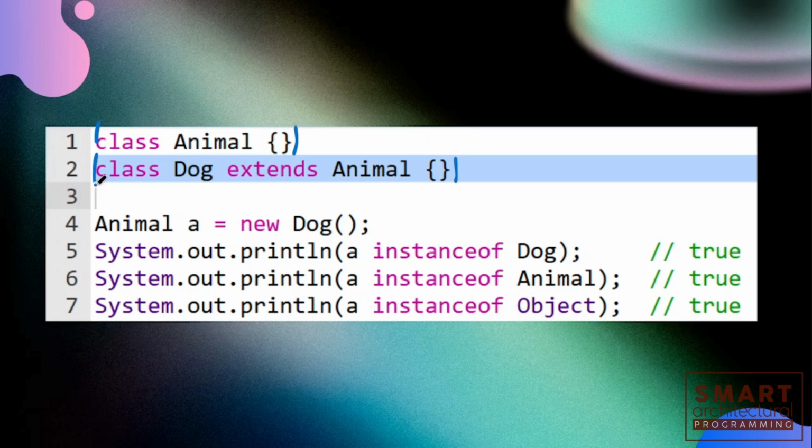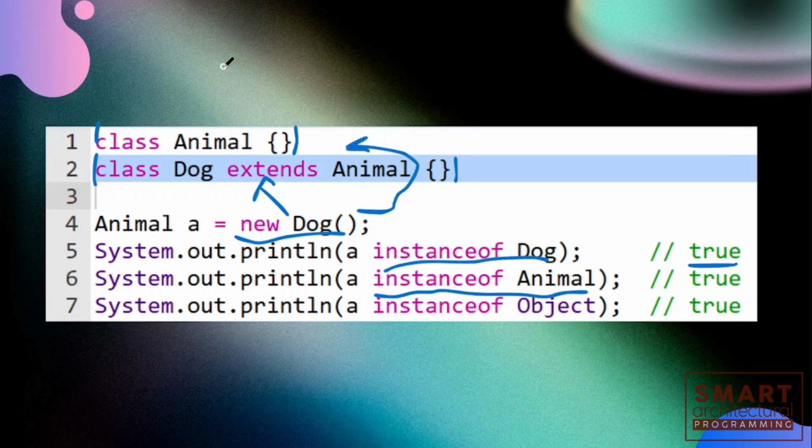When we create a new Dog instance and check whether it is an instance of Dog, obviously, because it was created from the Dog class, it says yes. Then we check if it's an instance of the Animal class. That's also true.